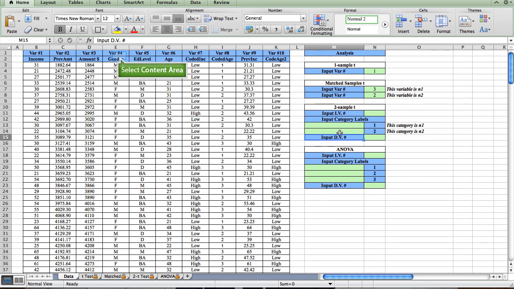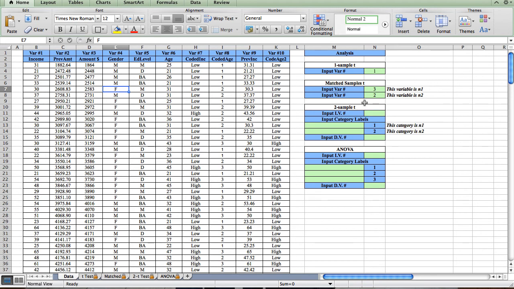So, for example, what if I wanted to determine whether gender has an effect on amount charged? In other words, if I group the amounts into two groups, one for the men and another group for the women, and I compare the means statistically, do I find that there's a significant difference of some type?